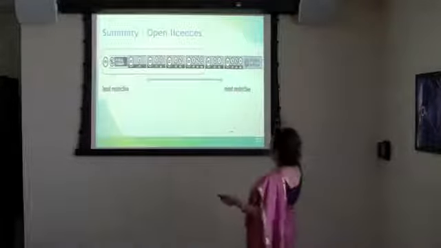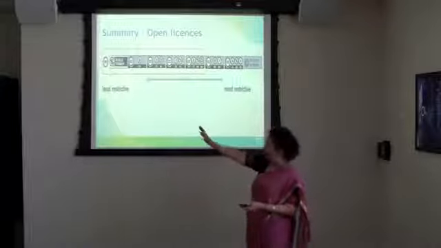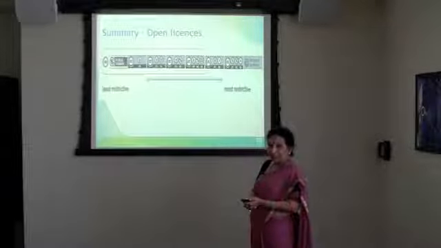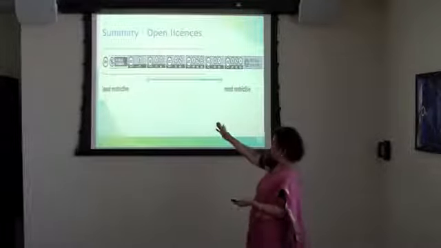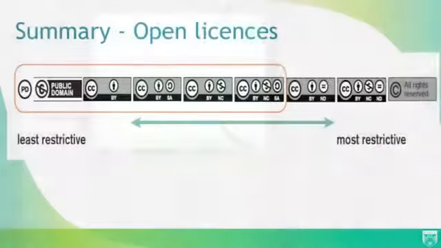I'd just like to summarize this. From left to right, you have the least restrictive Creative Commons tools or licenses to the most restrictive. Obviously, at the least restrictive end is the public domain, where, as I said, it is free of all known copyright restrictions, so there are no copyright restrictions there.